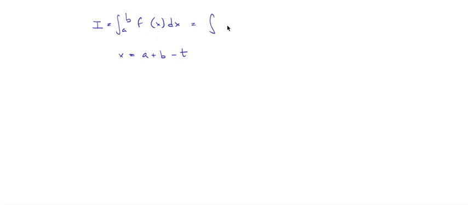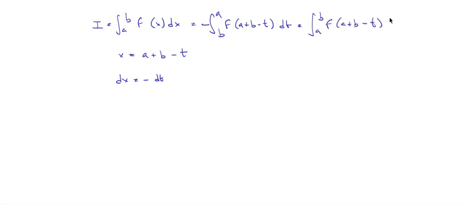This is function of a plus b minus t, right? And then dx is minus dt, and the limits of integration is when x goes to a, right, then t has to go to b, and the other way around. So you get this, right? But this is equal to this, f of a plus b minus t dt.